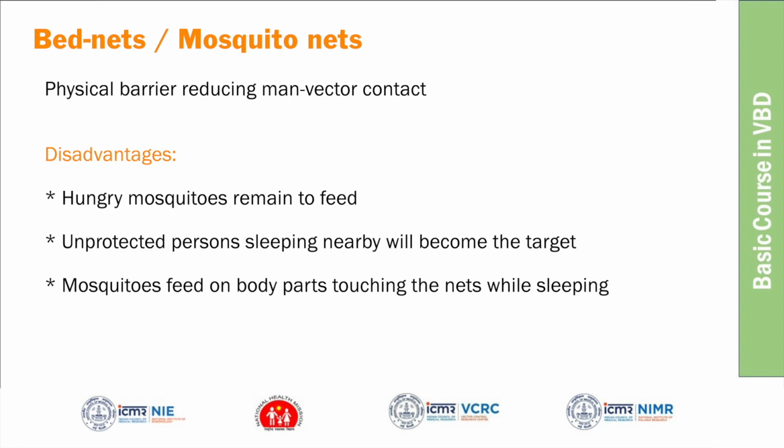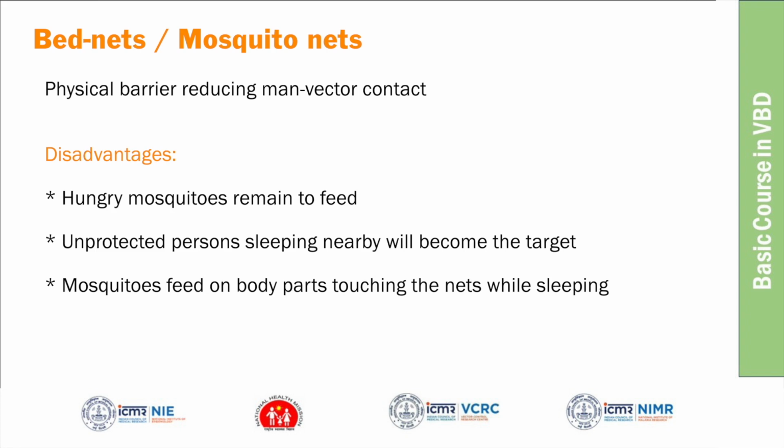Now, what are the disadvantages of bed nets? The hungry mosquitoes remain and wait for feeding, because since you are sleeping inside the net, the hungry mosquitoes just wait to feed.